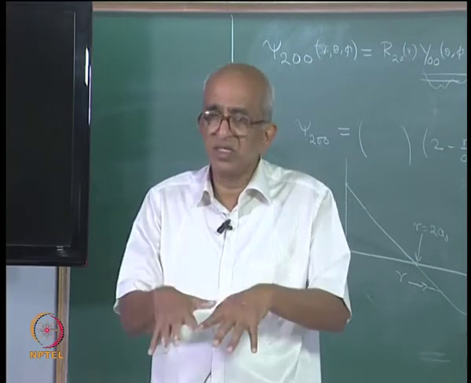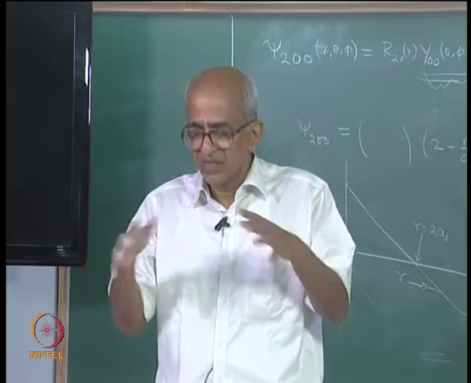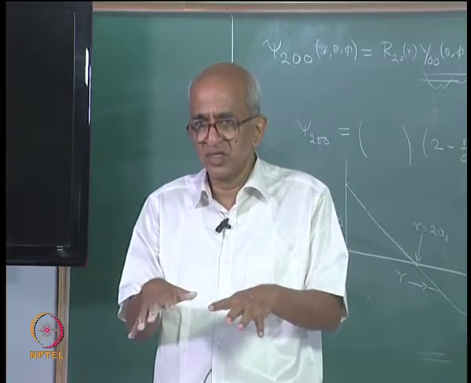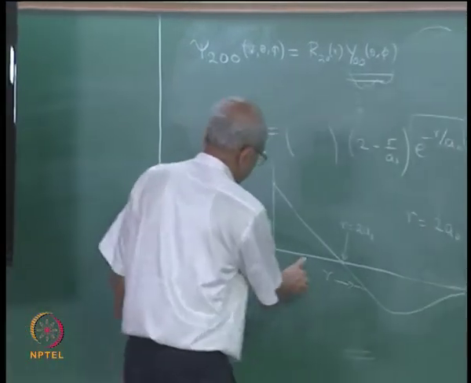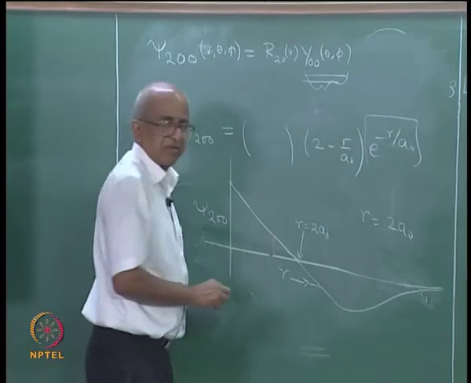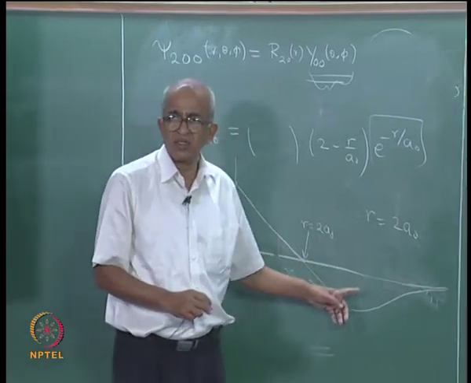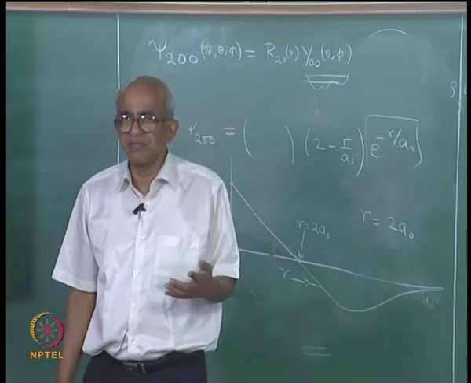And within the sphere, what will happen? Within the sphere, r will be less than 2a0, and therefore you are in this region. Within the sphere, you may be somewhere here, so the wave function will be positive, while outside the sphere you are in this region, and there the wave function will be negative.